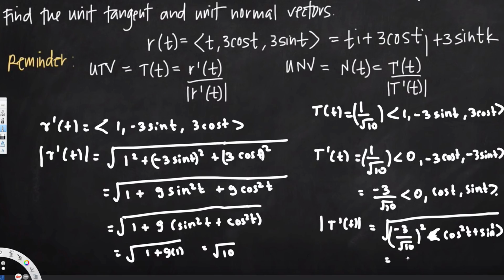This is going to be 9 over 10 under the root, and that's 3 over root 10. Now we have found the magnitude of T prime of t. The question is asking for the unit normal vector, that is T prime of t divided by the magnitude of T prime of t. But before I do that, let me note down the first answer, the unit tangent vector we found right here. This is our first answer.